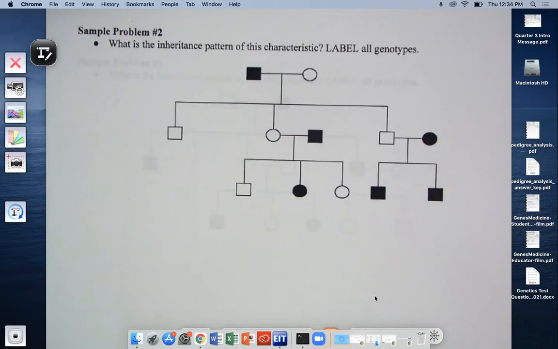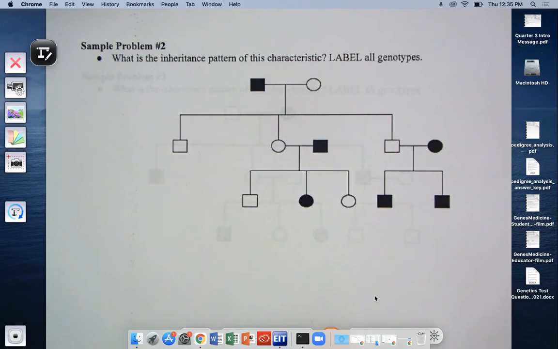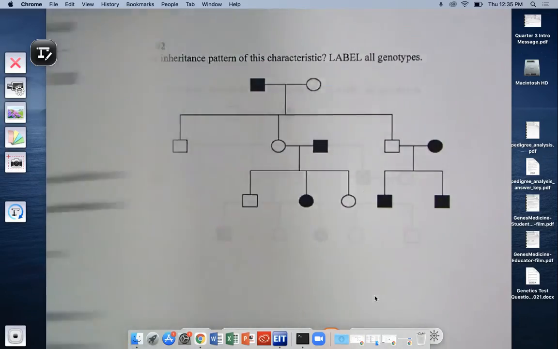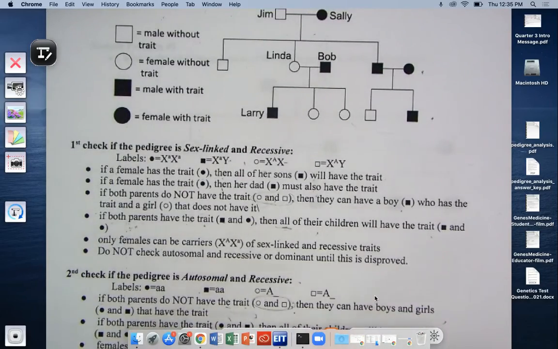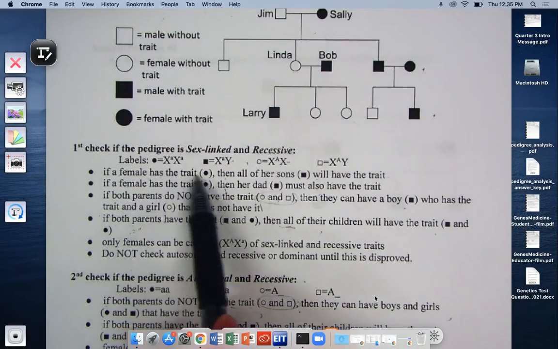Here we are, sample problem number 2. What is the inheritance pattern? Label all the genotypes. So again, we're going to start sex-linked and recessive. We have to prove it wrong before we get to move on. If a female has a trait, then all of her sons have the trait.